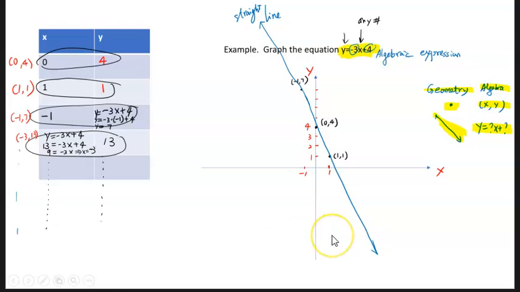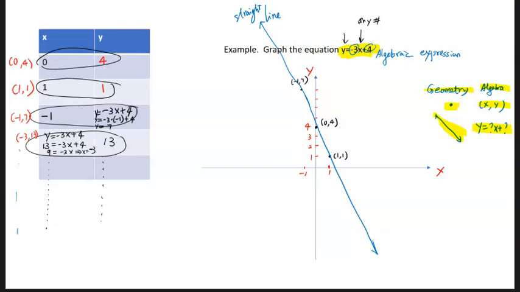So in general, how do we graph an equation? From the process we just did, we can see if we were given an equation with x and y in there, we can always pick a number for x and solve for y. And that way we can get a lot of ordered pairs.